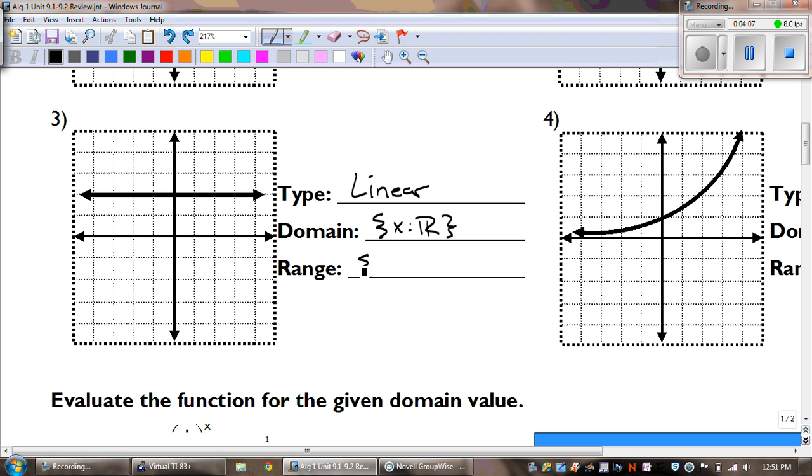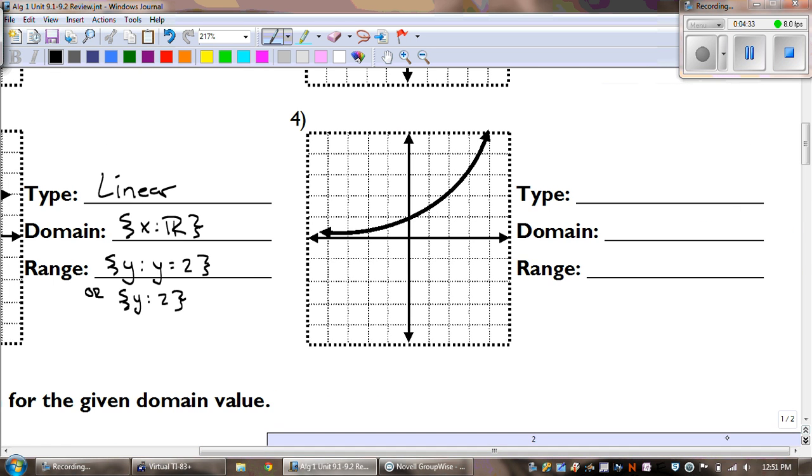And then our range is only one thing. It's y equals 2. It's not 3, it's not -4, it doesn't get any other numbers. It's always, always, always 2. Okay, and another way that you could write that would be just y is 2.